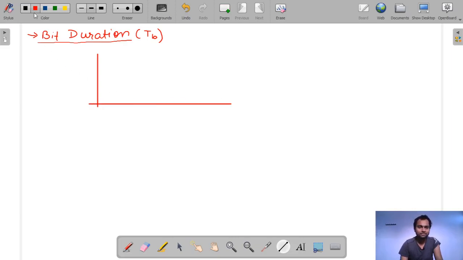See, this is our signal. This is bit 1 and this is bit 0. Okay, this is 0, this is 1, this is 0 and this is 1. So like this the signal is given.